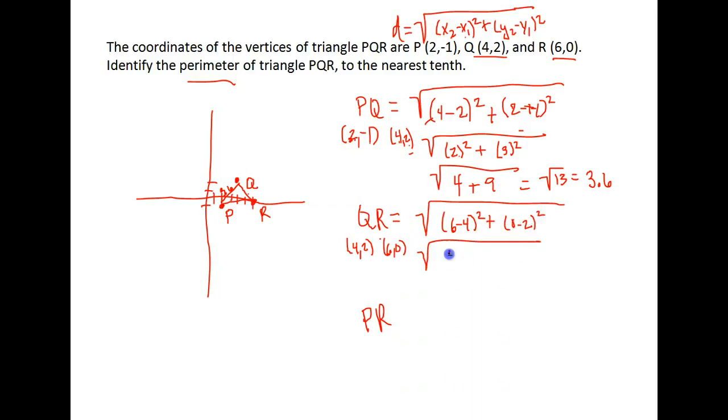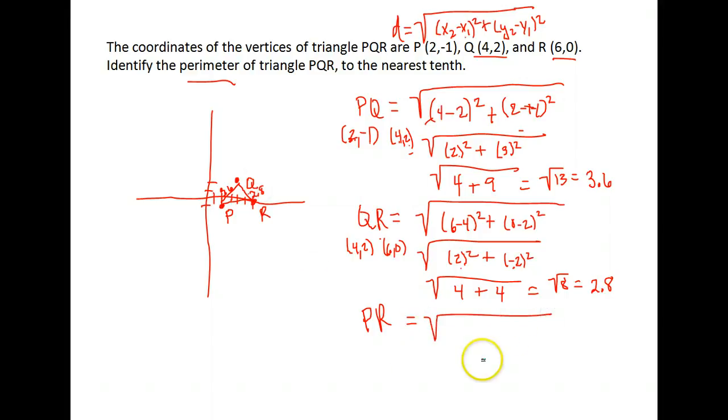Simplify each one, so 6 minus 4 gives me 2, squared. 0 minus 2 is just -2. Square each of them. 2 times 2 is 4. -2 times -2 is 4. We add 4 and 4 to get 8. And finally take the square root of 8. Again, you're going to have to use your calculator to find it. When you do, you should get about 2.8. So now we know the length of QR is 2.8.